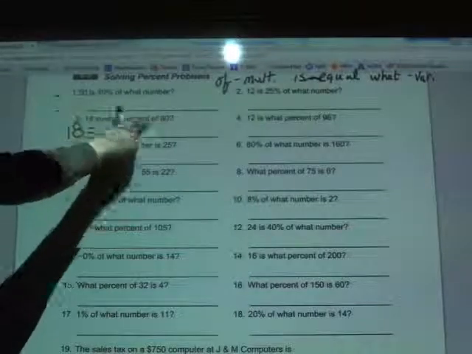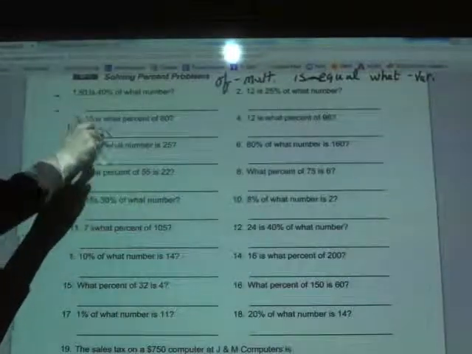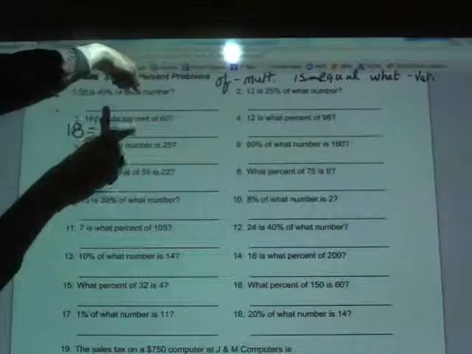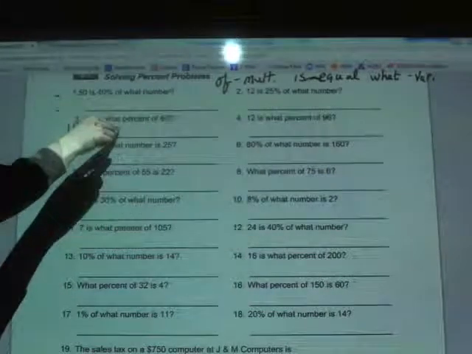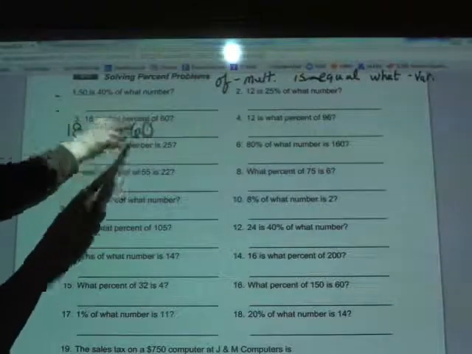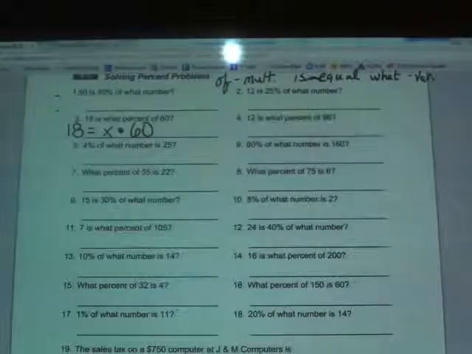Well, your what phrase is always your variable, so that's where I'm going to drop x. Then I've got of. Well, again, going back to that introduction, of means multiplication. And then the last thing I have is 60. 60 is going to translate as 60. So I've got 18 equals x times 60. Solve for x, and that's going to be my solution. That's going to be the percent answer here that I'm looking for.